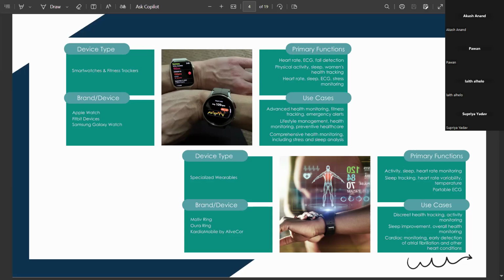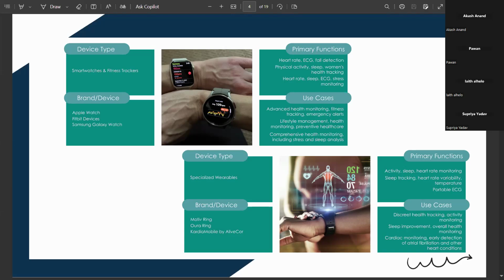These can be used by the elderly population, which is increasing in the US and North America. These characteristics make Apple Watch useful for both everyday fitness tracking and advanced health monitoring. It also helps in early detection of arrhythmias and other cardiac conditions.